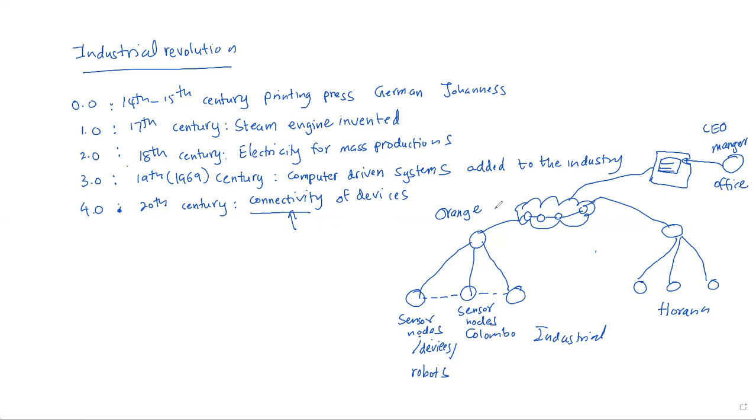Maybe whether this connectivity is actually available in the current factories or not, right? In Sri Lanka, I think there's not much implementation of this connectivity concept so far in the factories. They have some computer based systems, but connectivity is I think not that available. So if I'm wrong, please let me know, and you can share your ideas.